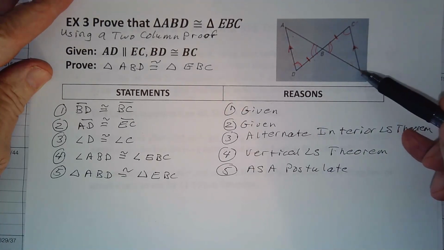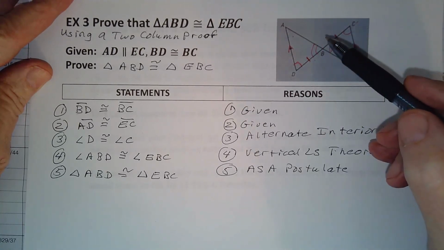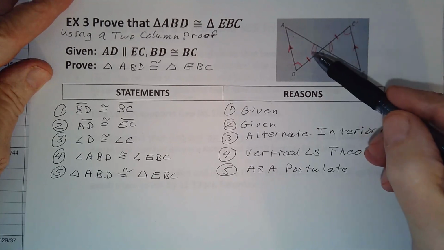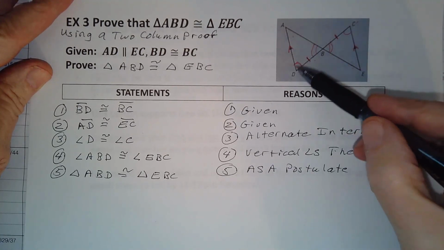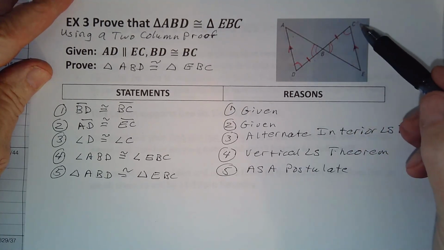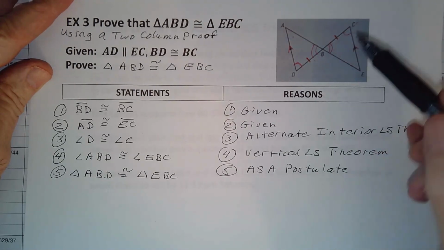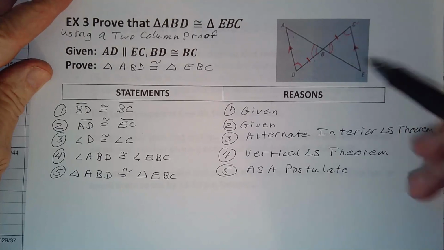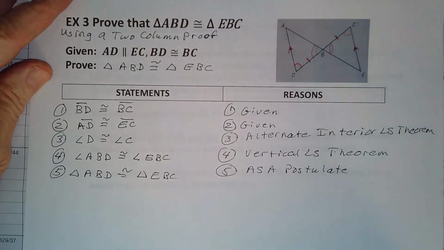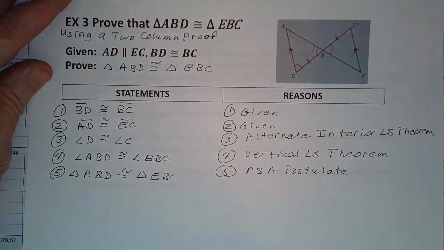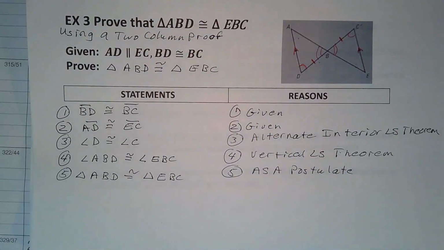Oh, I'm sorry. Not angle, side, angle. You would have had angle, angle, side congruency. You could have done that instead of angle side angle congruency. All right. So it's just two ways to go. But this way is the way I chose, and that's it.